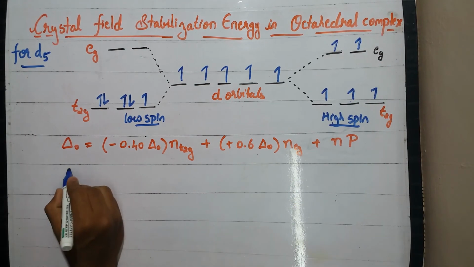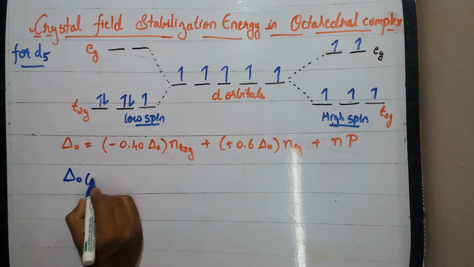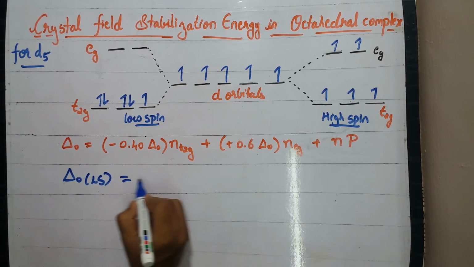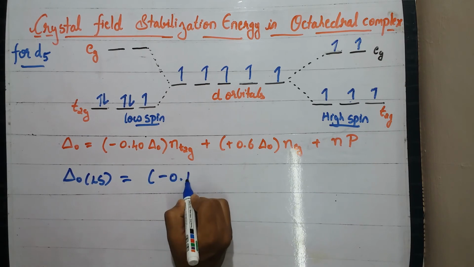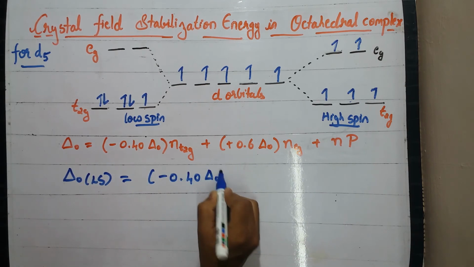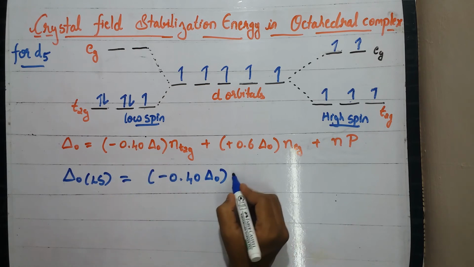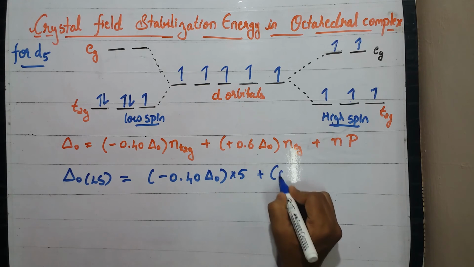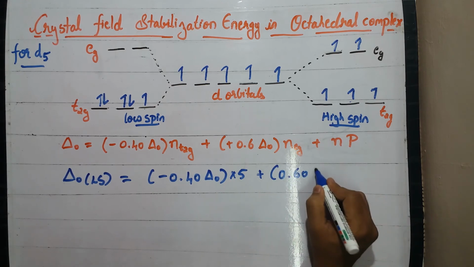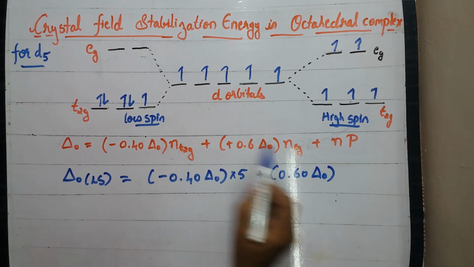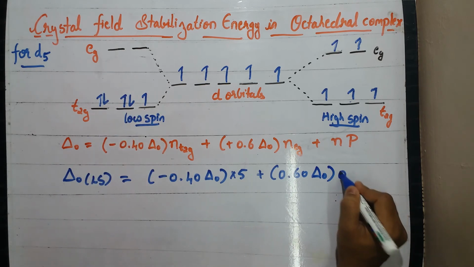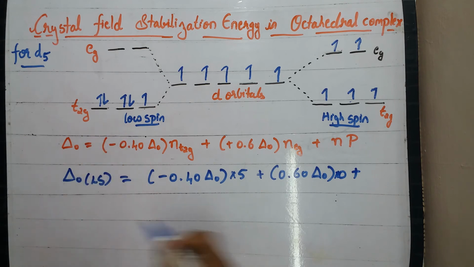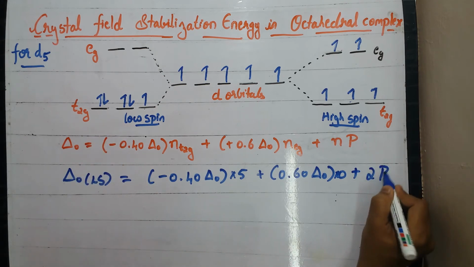Now for the CFSE for the low spin, it would be minus 0.40 delta naught into the number of electrons in the T2g, which is 5, plus 0.60 delta naught into the number of electrons in the Eg level, which is 0, plus the number of paired electrons, which are 2, hence it is 2P.